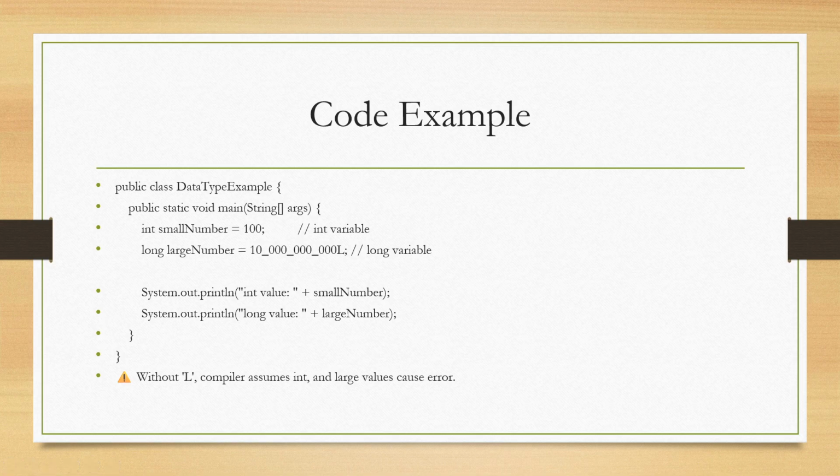In this program, we created an int variable called small number with the value 100, and we created the long variable called large number and stored the value this. Notice we had to write L at the end of the number. That's because without L, Java thinks the number is an int, and since it's too big, it gives an error.